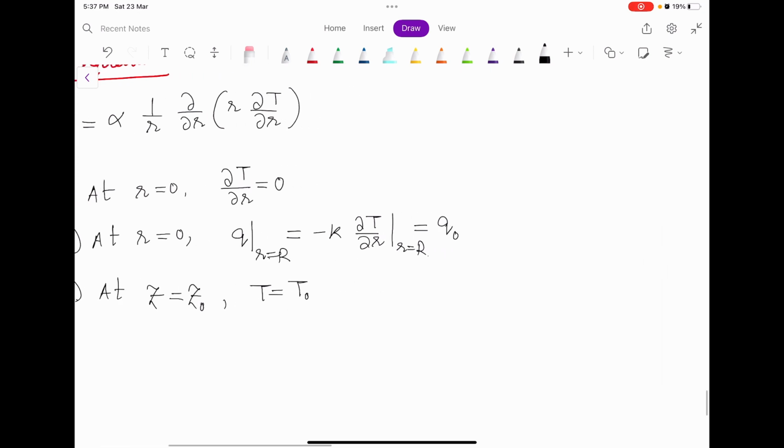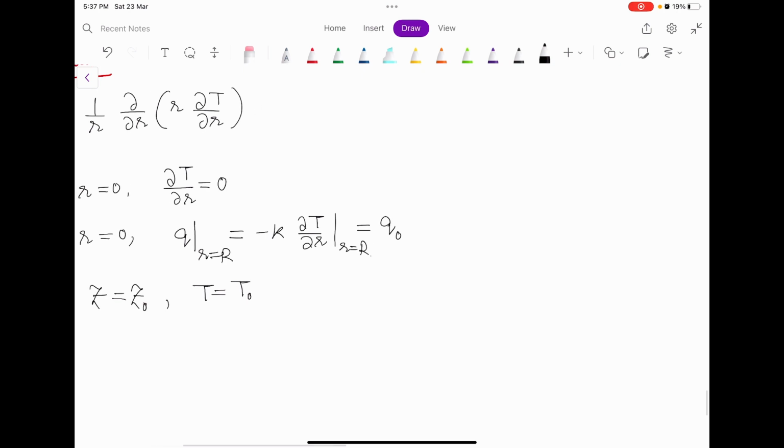Here I would like to bring your attention to a fact, so don't get confused about the direction of heat flux. So this is the pipe, and this is the wall. This is the radial coordinate and this is r equal to R.